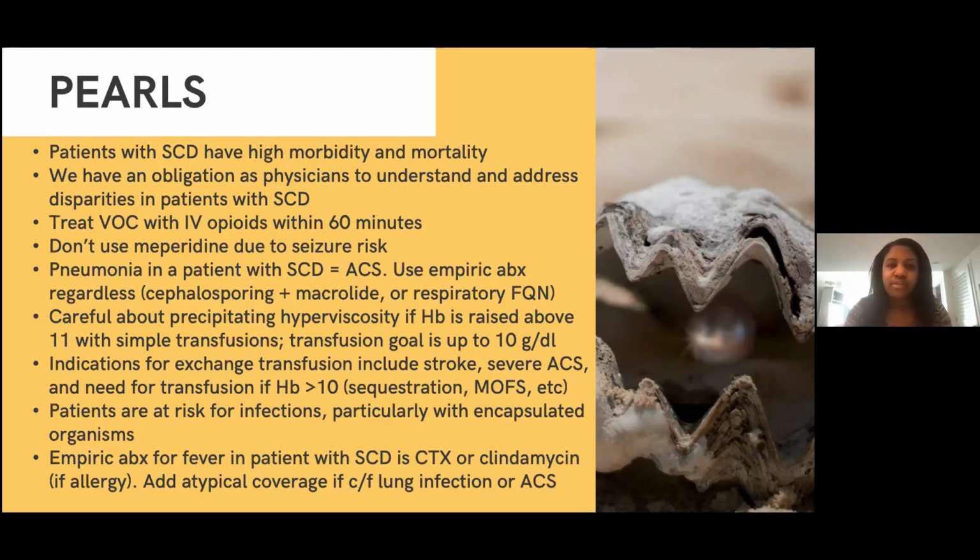Patients with SCD are at risk for infections, particularly with encapsulated organisms. Empiric antibiotics for fever are ceftriaxone, or clindamycin if there's a cephalosporin allergy. And we should add atypical coverage for lung infection or for ACS. And those are my takeaways.